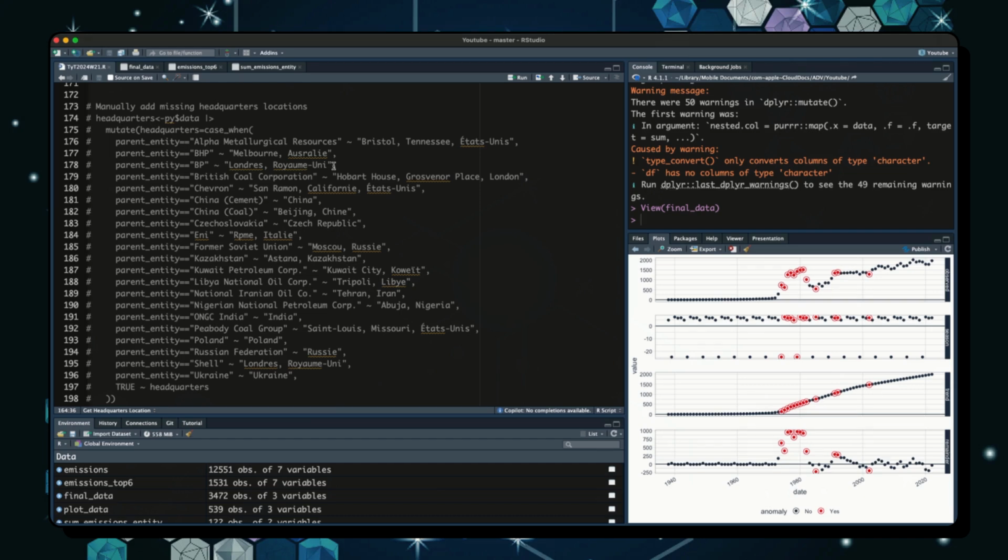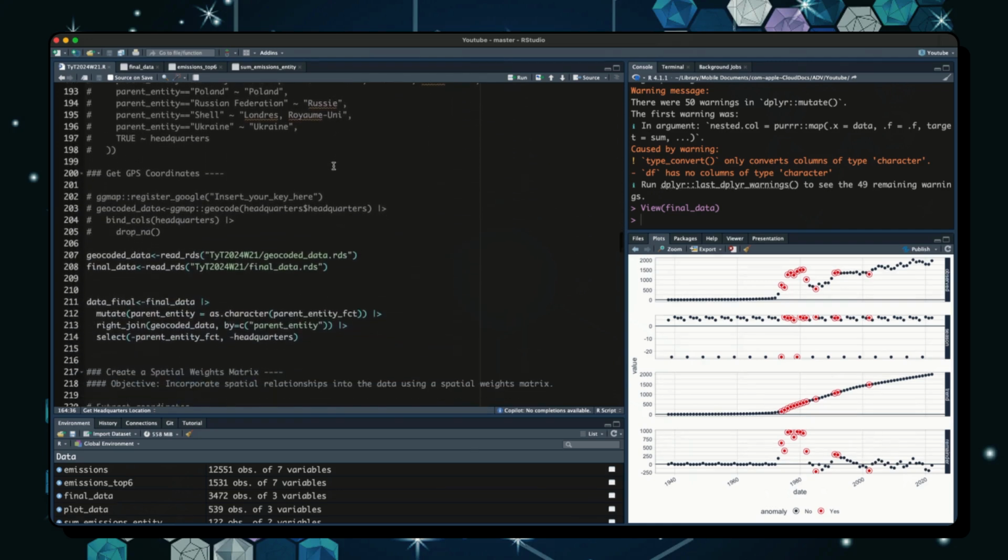It's very easy: I write the parent entity name followed by the word headquarters, and you should find some information relating to a headquarters location pretty quickly.